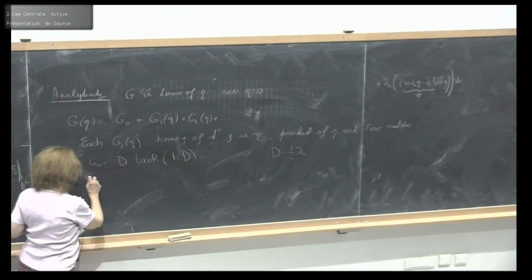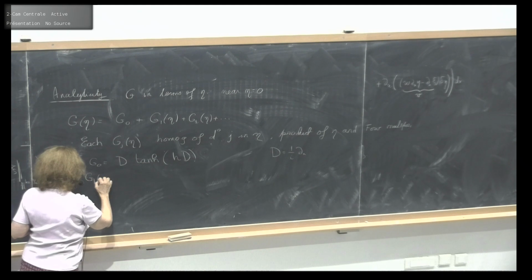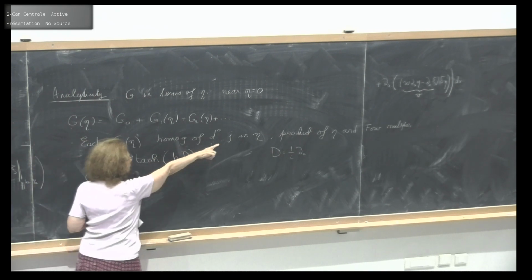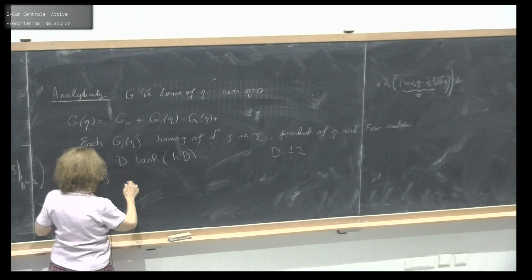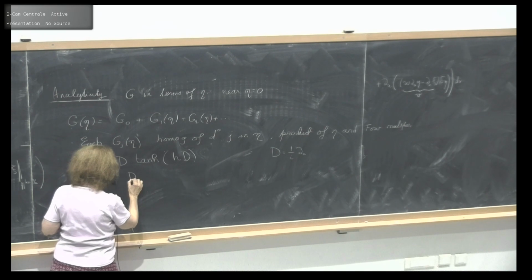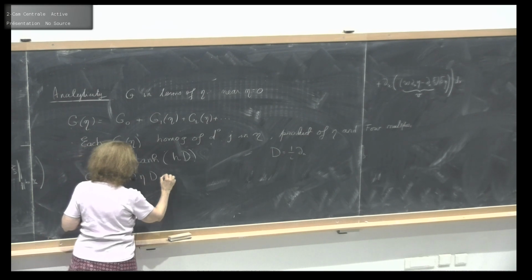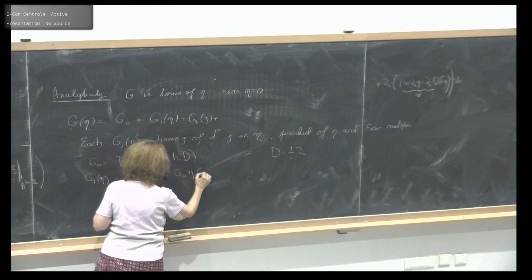Now G1, this is this one. So it's homogeneous of degree 1, and it has the following form: D eta D minus G0 eta G0.